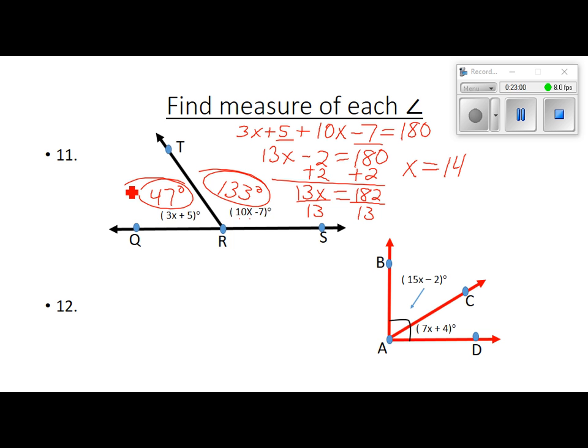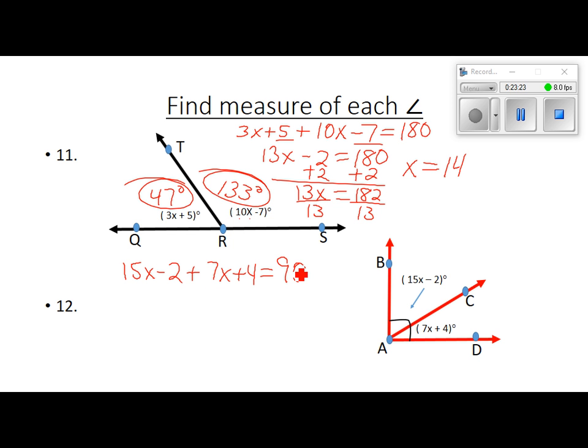What equation would we set up on number 12? What's different? They're complementary, right? So 15x minus 2 plus 7x plus 4 would equal 90.